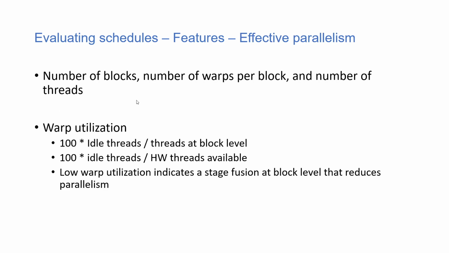Next, we use features to measure the effectiveness of parallelism. For example, they measure the idleness of the threads relative to the number of threads at the block level and the threads available in the hardware. And basically low occupancy can be the result of a bad stage fusion.